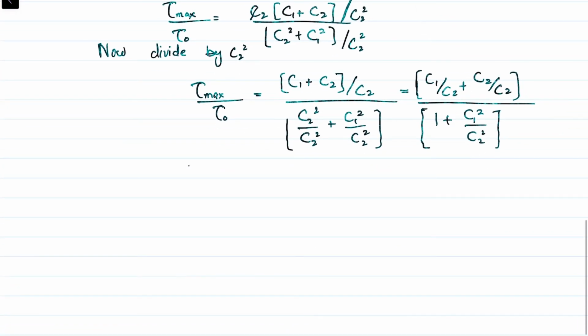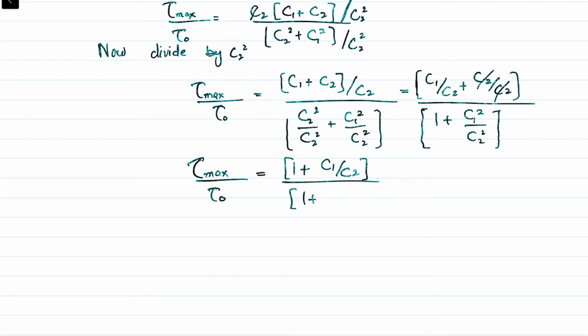Okay, so this τmax over τ₀ will be equal to, this will be 1, so it will be 1 plus C1 over C2, divided by 1 plus (C1 over C2) whole square, since square is common. So this is your required equation. Clear? τmax over τ₀ is your required condition.